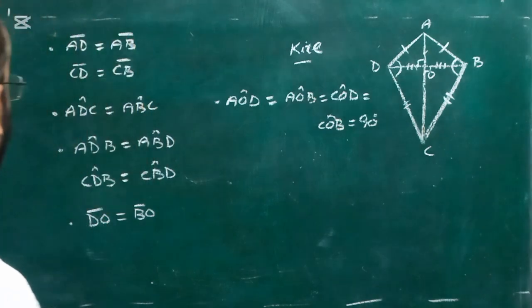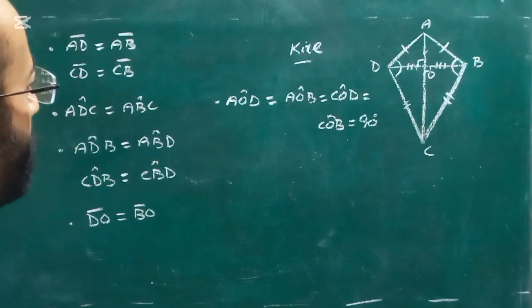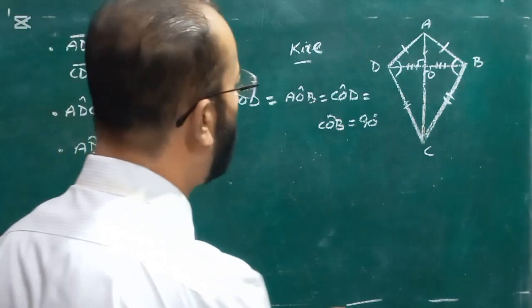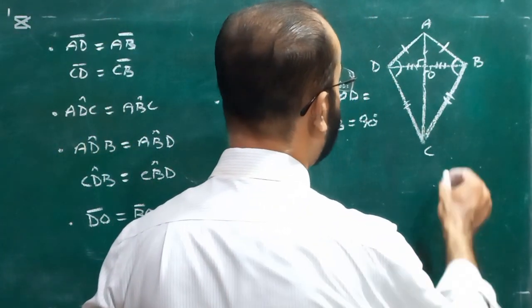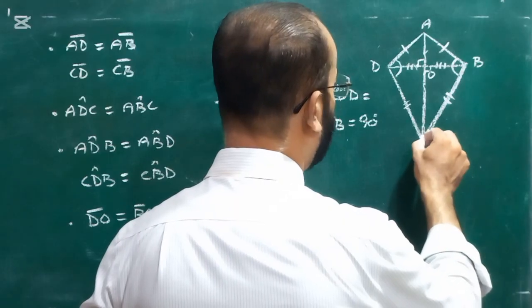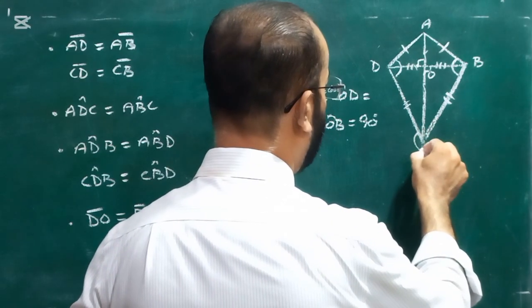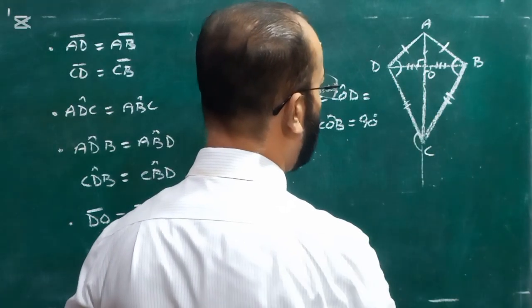So the next property which is applied in the kite is, for example, triangle properties can also be applied. So if we extend this line, this angle will be equal to the sum of opposite interior angles.